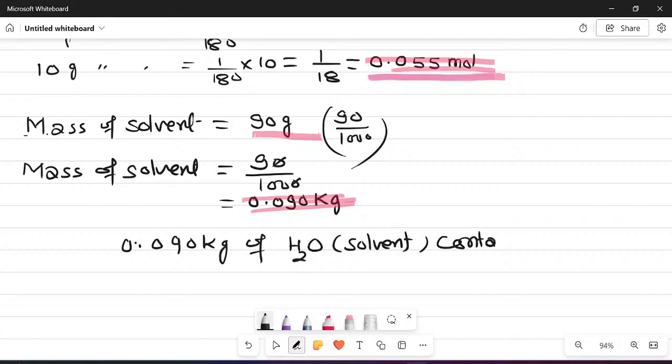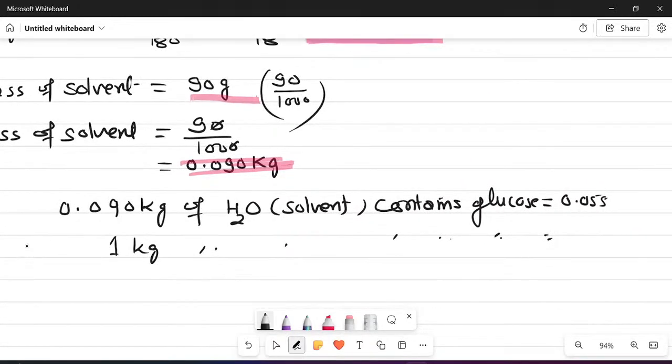Then 1 kilogram of water will contain how many moles of glucose? 0.055 divided by 0.090 kilogram. So this number is equal to number of moles in 1 kilogram of solvent.